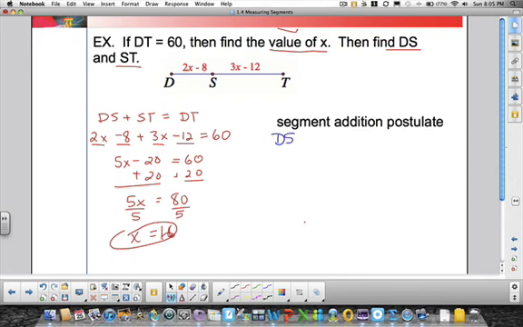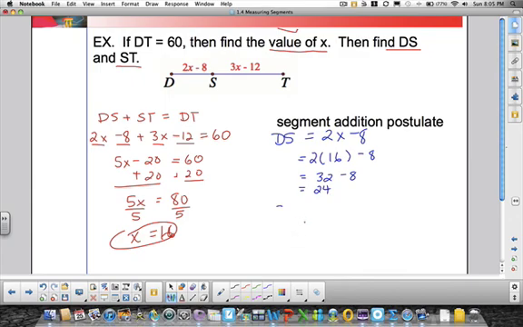We know that the length of DS is equal to 2x minus 8. So that's going to be 2 times 16 minus 8. 2 times 16 is 32, and 32 minus 8 is 24.